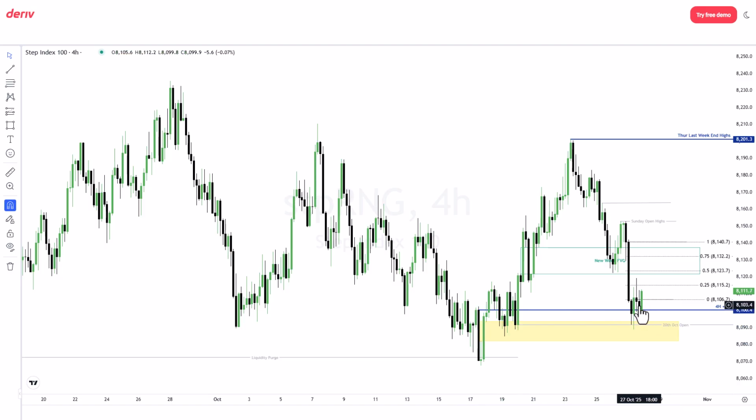However, let's continue with the storyline here as to what is going on. So this is the new week inefficiency, and I just graded the inefficiency. These key levels, the 25%, 50%, and 75%, they can be used as support and resistance type of key levels.